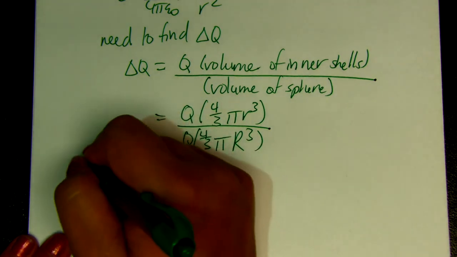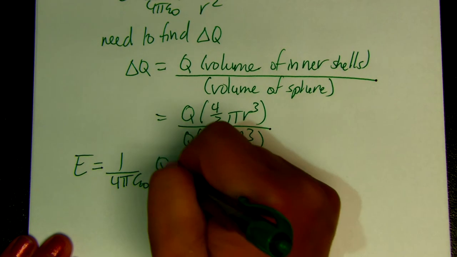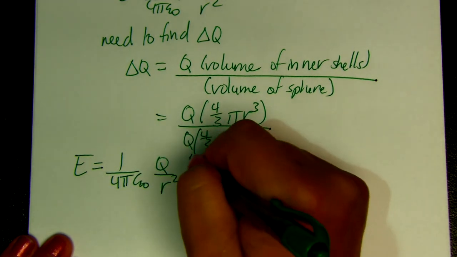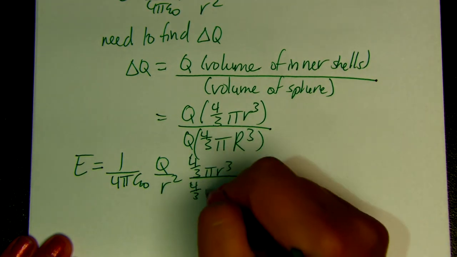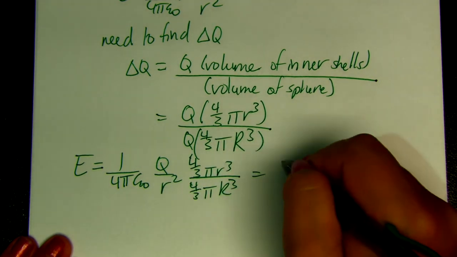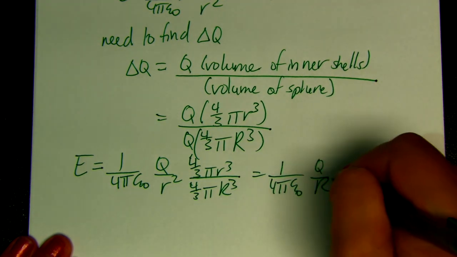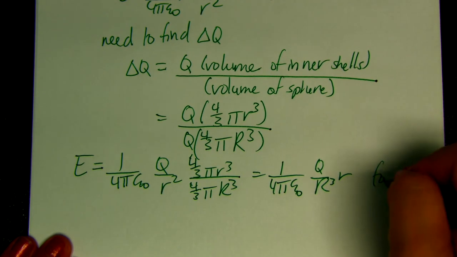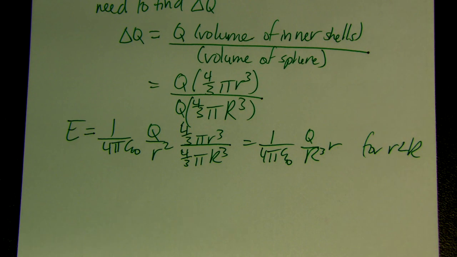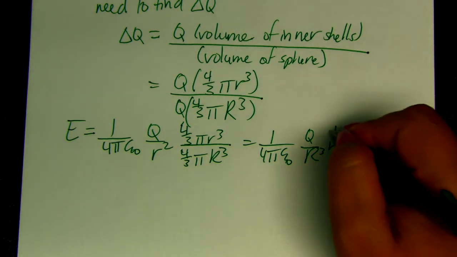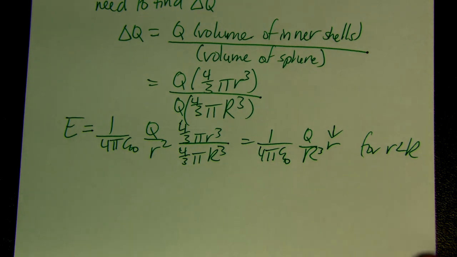And if we put it all together, E is equal to 1 over 4 pi epsilon naught Q over r squared times 4/3 pi r cubed over 4/3 pi R cubed, which is equal to 1 over 4 pi epsilon naught Q over R cubed times little r, for r less than R. So as we hinted, as this gets bigger, the amount of charge inside gets bigger, so the field gets bigger.